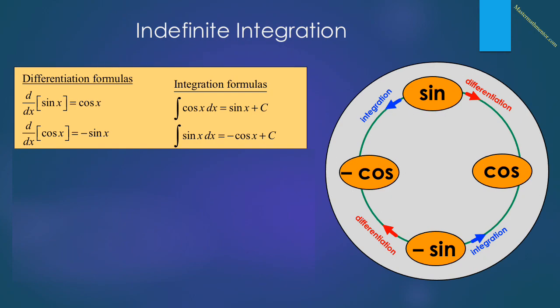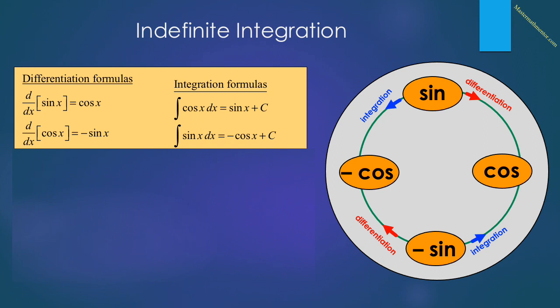We use these rules so often that they need to be memorized, and here's a good way of remembering it. Picture a clock where we have at the very top sine, to the right at 3 o'clock we have cosine, at 6 o'clock we have negative sine, at 9 o'clock we have negative cosine. If we follow the hands in a clockwise direction, we go from sine to cosine to negative sine to negative cosine.